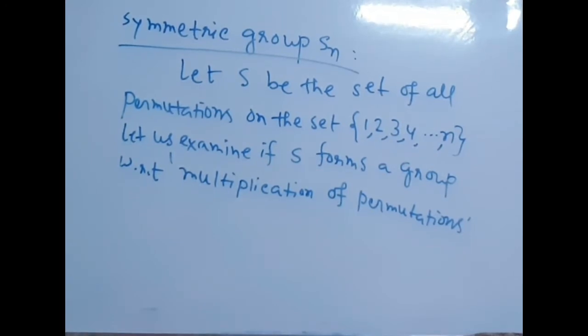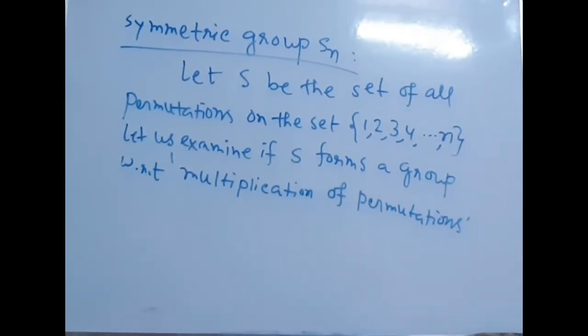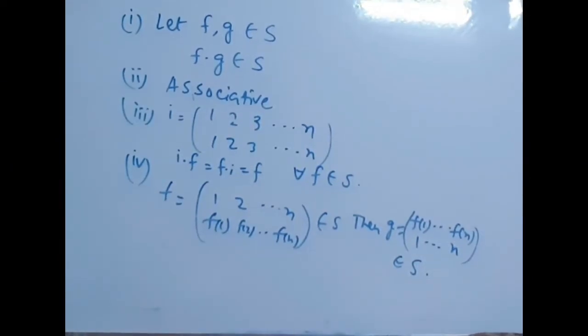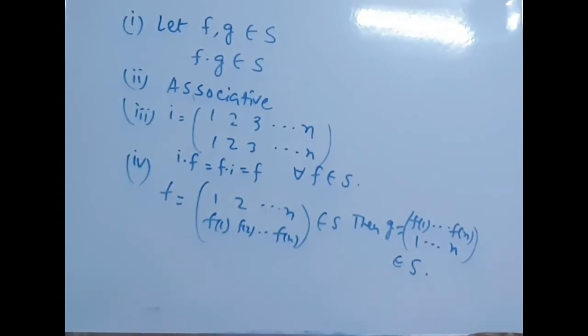To prove that S forms a group, we prove that four conditions hold. The first property is closure, the second is associativity, the third is that identity holds, and fourth, each element has an inverse in the set.